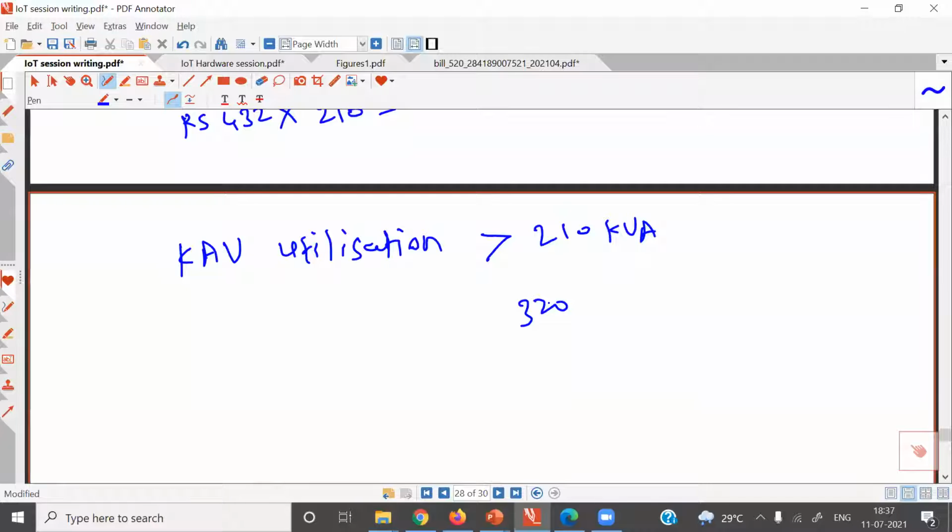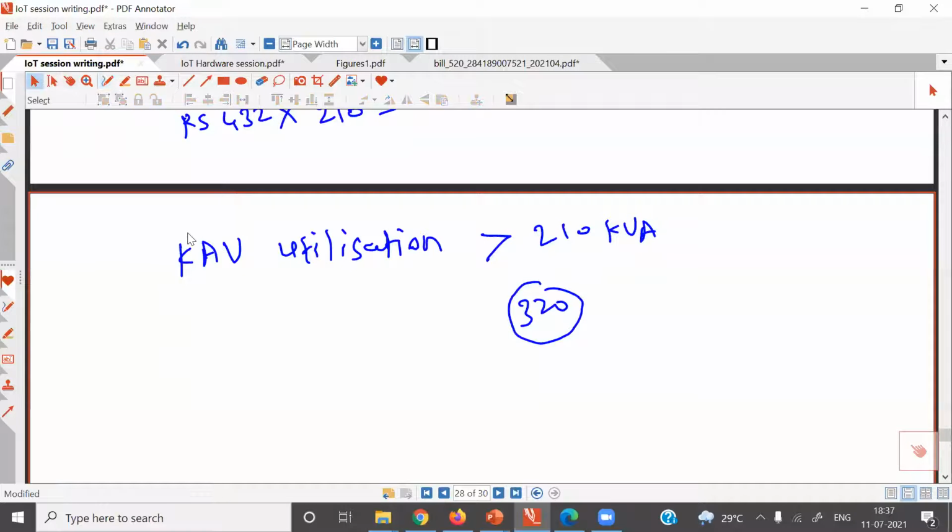If this kVA demand increases to 320 kVA for 30 minutes, then also there is no penalty. But if this kVA demand increases beyond 30 minutes, then penalty is imposed. And even if in a period of 1 month, your kVA utilization becomes 320 kVA for more than 30 minutes only once, then a bigger penalty is imposed.